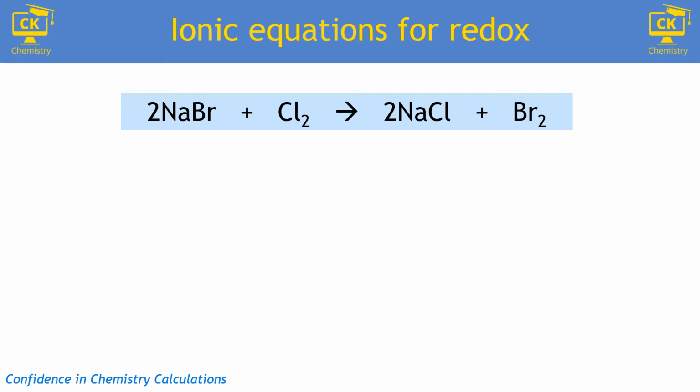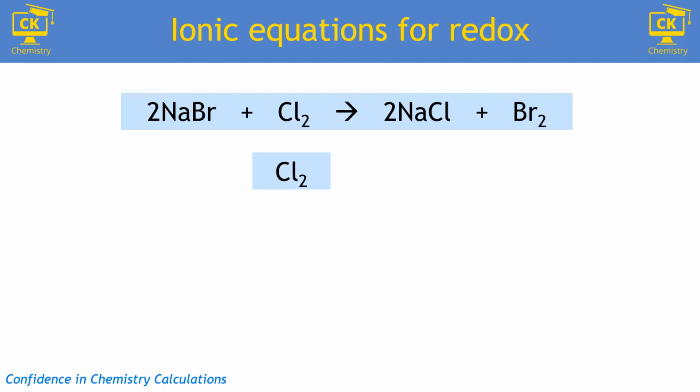Here's a second displacement reaction. So this is involving halogens, the displacement of bromine from potassium bromide by the more reactive halogen, chlorine. So in this one, the chlorine is starting as an uncharged diatomic element, and we're still going to write it in the same way.